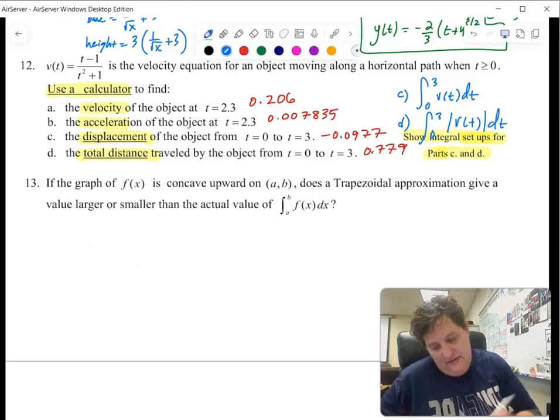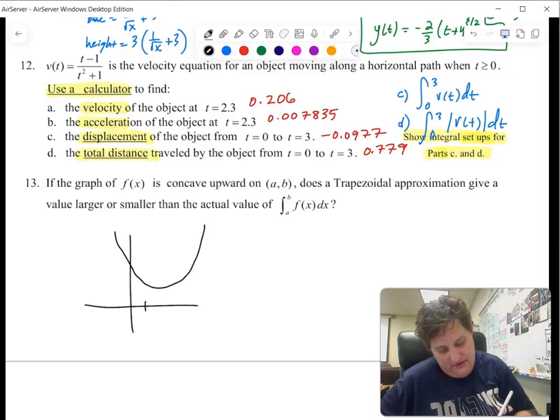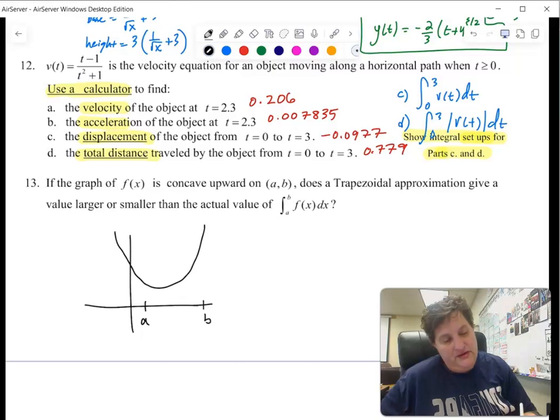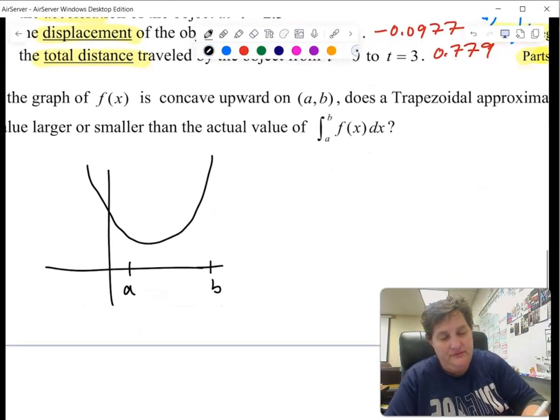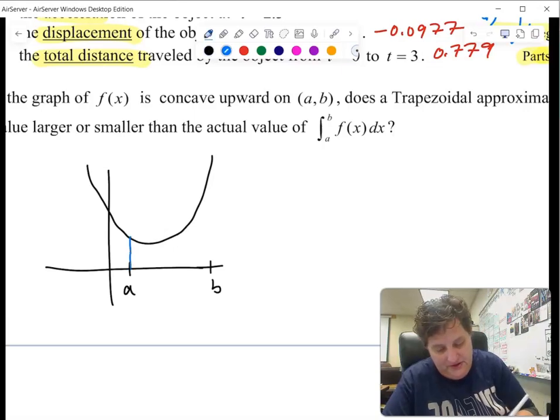Okay, for number 13, if a graph is concave upward, let's go ahead and just draw something that's concave upward. Does a trapezoidal approximation give a value larger or smaller than the actual value? All right, this is illustrated really well by just drawing it, okay?